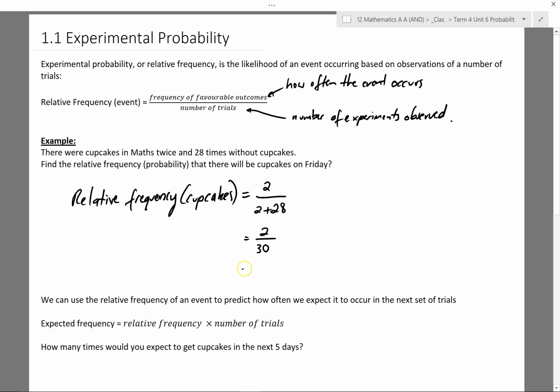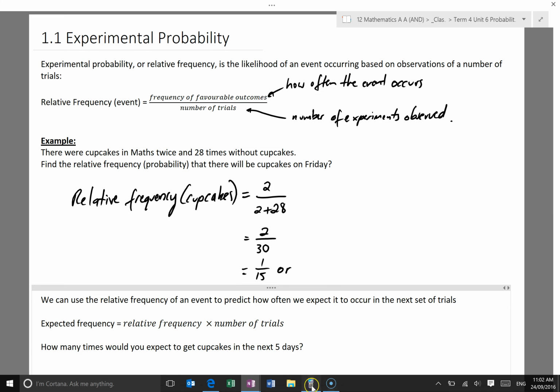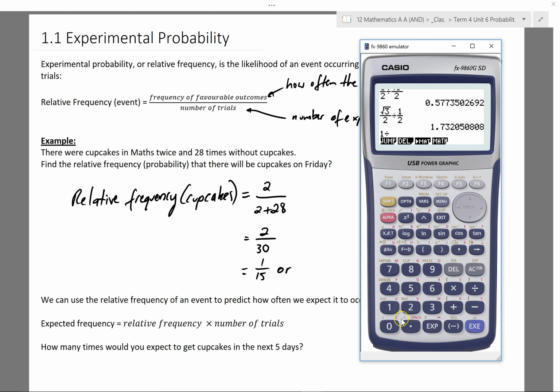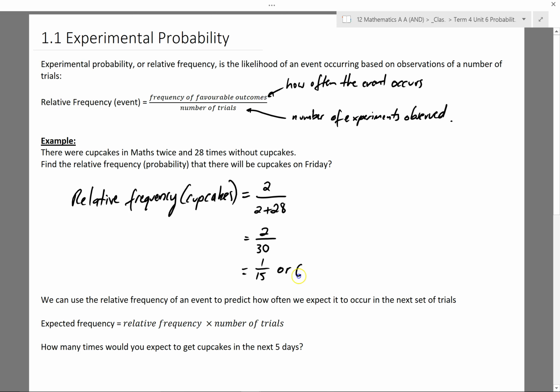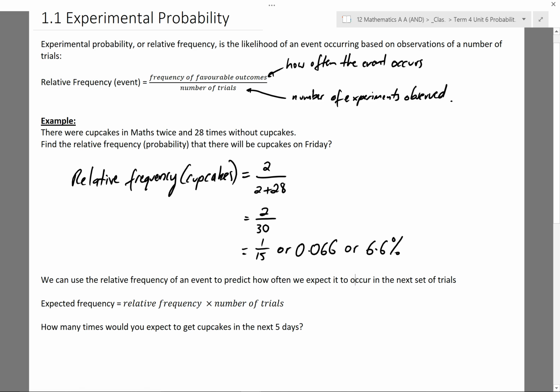And you can simplify this to 1 on 15, and you could either write it as a decimal, so put it in your calculator, 0.066, or write it as a percentage. So we can read this as 1 in 15 classes, or 6.6% of the time, or 0.066 of the time. So that's relative frequency.